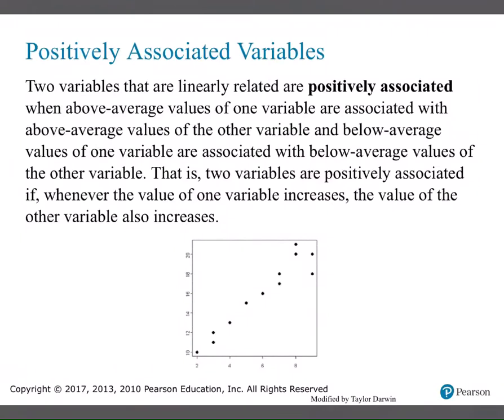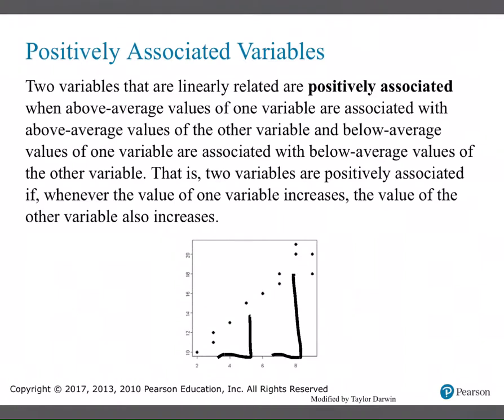Two variables that are linearly related are positively associated when above average values of one variable are associated with above average values for the other, and vice versa. Below average goes with below average values. So basically, when one increases, the other increases.